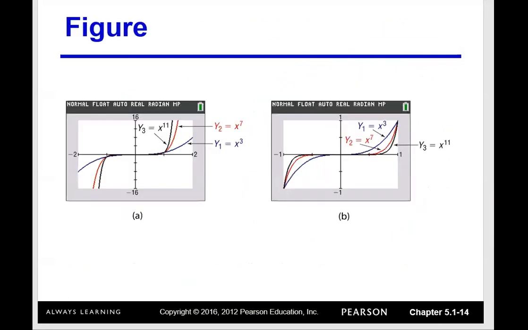And then here's just another example, same thing. If your base is a positive whole number, then it'll get sucked closer and closer to the y-axis. But if your base is a fraction, it does the reverse as far as how it's flattening out. That's all they're trying to show you there.